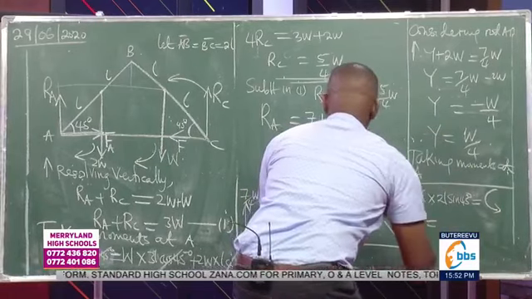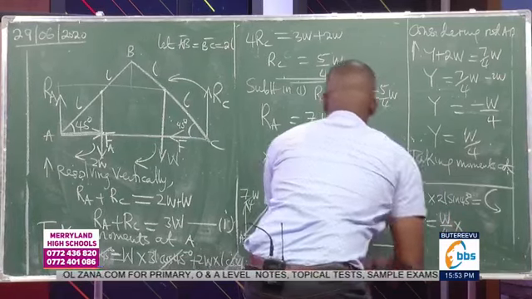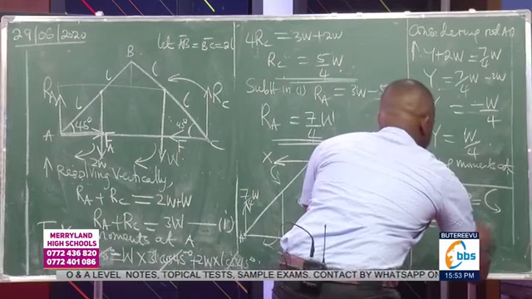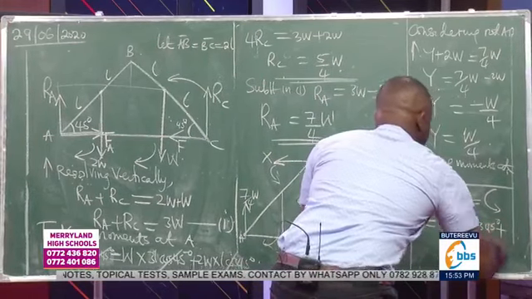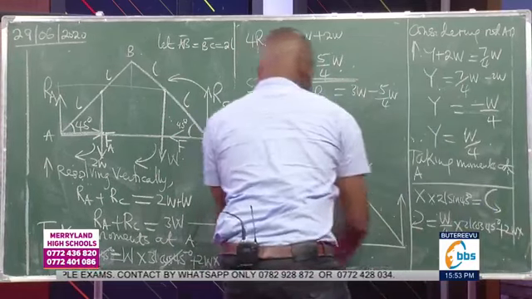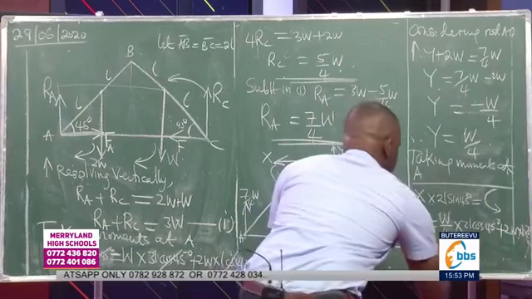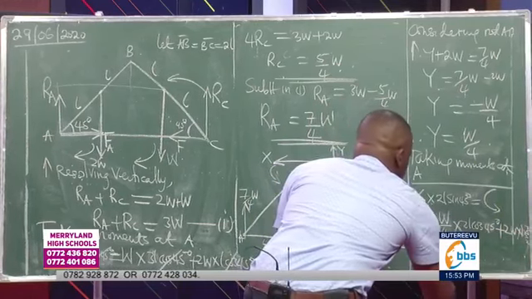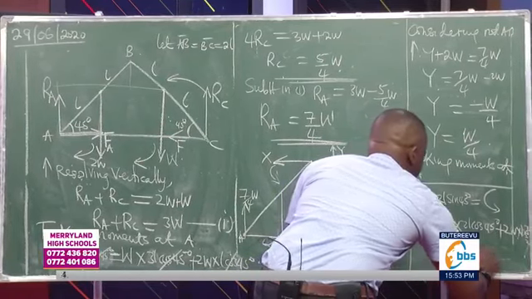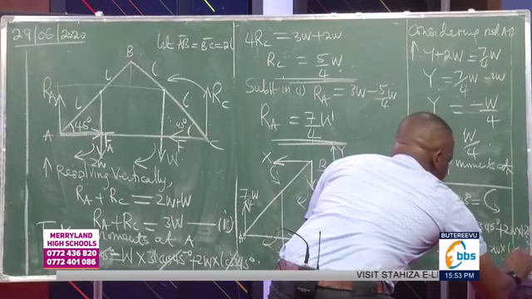Clockwise will give us y, which is w over 4 times the perpendicular distance, which is the whole of this, that will be 2L cos of 45, plus our 2w times the perpendicular distance, which is L cos 45. So this gives us w out of 4 times 2L times 1 out of root 2 plus 2w times L times 1 out of root 2.